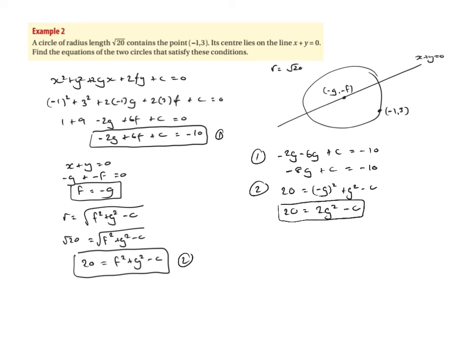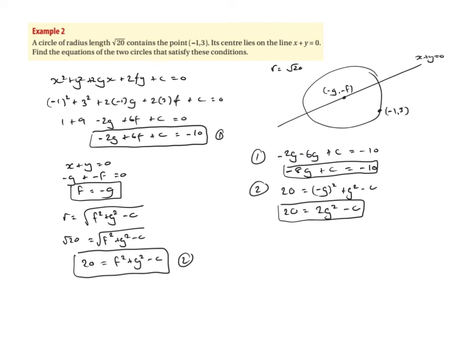So that there now becomes my two new equations. Hopefully what you can see here is we now have a 2 by 2 simultaneous equation with the two variables of g and c. And also hopefully you've noticed that this one is non-linear, because it's quadratic. We've got the g squared here, and this one is linear. So we need to use our technique to work out a simultaneous equation with linear and non-linear.